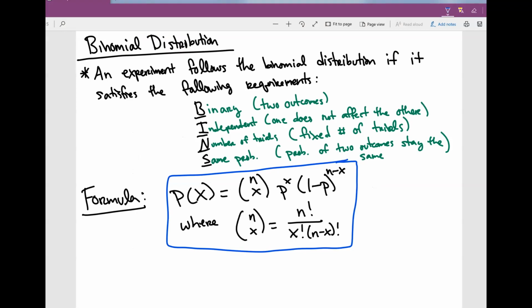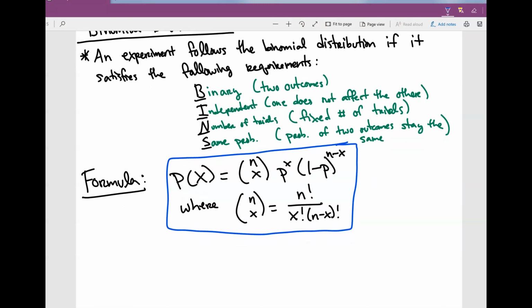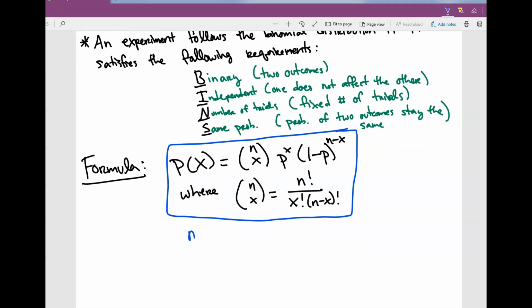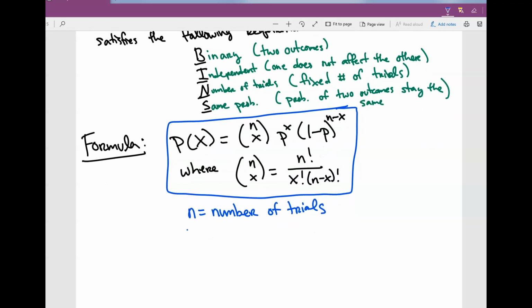Now I'm going to show you an example of what this looks like. Something you need to figure out is that n is going to be the number of trials. That usually is going to be given to you in the problem. P is going to be the probability of success.